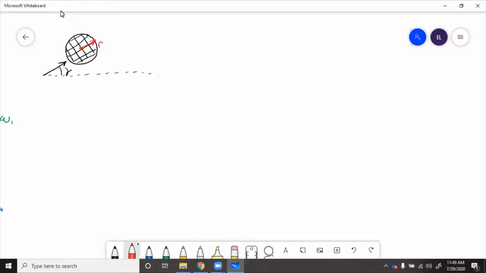And it's launched with initial speed V initial, and it gets kicked. So it's moving, but it's also spinning with constant rotational speed omega. And acceleration due to gravity exists.